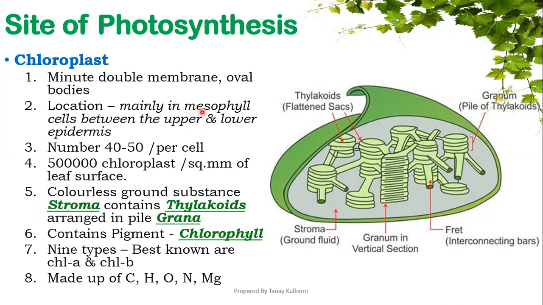It is located mainly in the mesophyll cells. The meaning of the word meso is middle, phyll is the leaf. The cells which are present in the middle of the leaf are called mesophyll cells, and these mesophyll cells contain chloroplasts. The number varies from 40 to 50 per cell, and in terms of surface area, 5 lakh chloroplasts are present per square millimeter of the leaf surface.